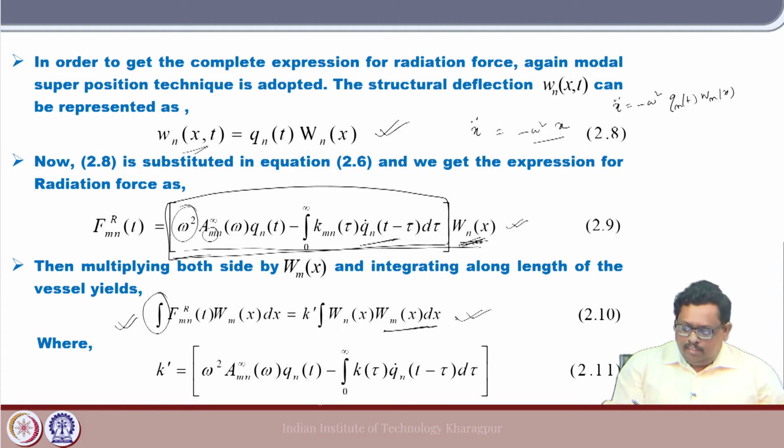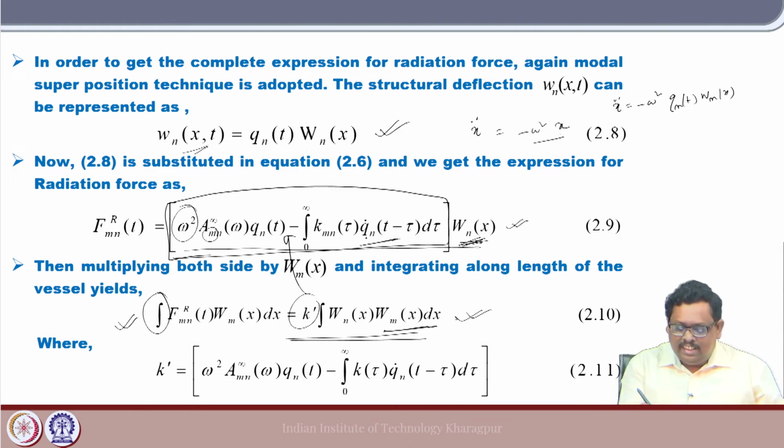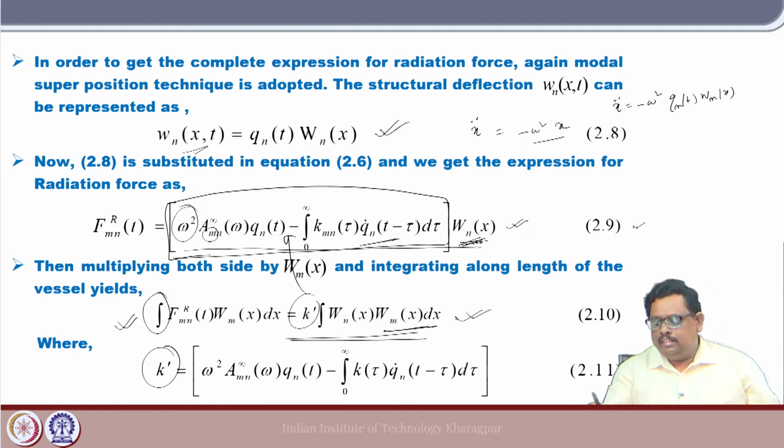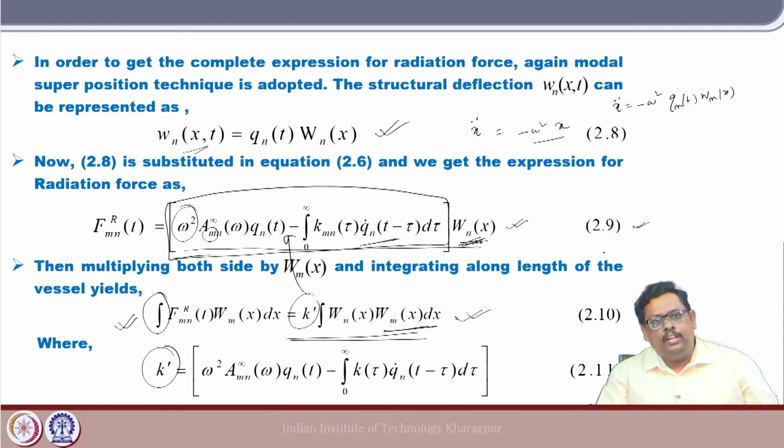Now, k dash is nothing but this expression which is independent of w_m(x). So, to make it a little bit eye soothing, I rewrite the whole expression and simply replace it by k dash. K dash is nothing but the term inside the square bracket in 2.9. Okay, fine. So, this formulation is just a matter of sitting and replacing the terms, and you will get the expressions 2.10 and 2.11.